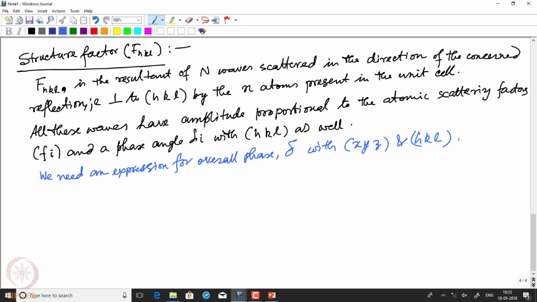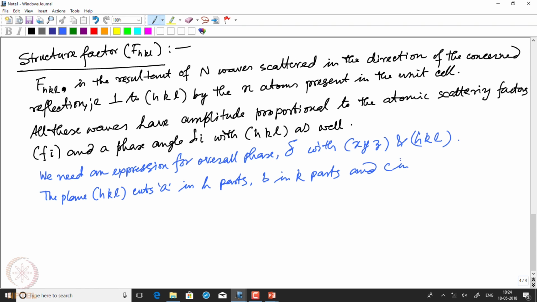So what we know is that the plane HKL cuts a in h parts, b in k parts and c in l parts.